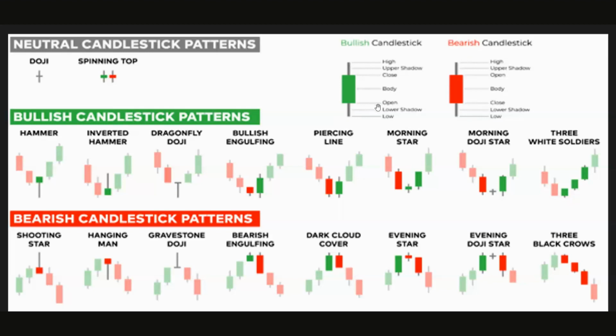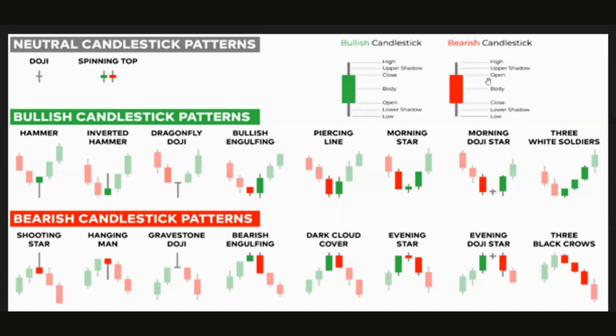As you can see, the open on the bullish candlestick is down here, whereas the open on the bearish candlestick is up here. Essentially, that also helps you to identify the color of the candlestick. If the price opens at the start of that candle and then closes higher, that's bullish, that's green, because it opened at a lower price and closed at a higher price.